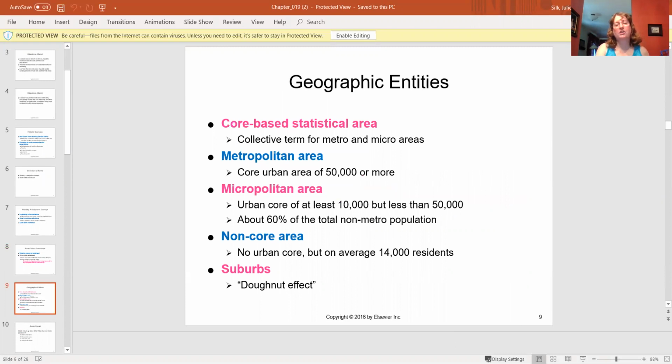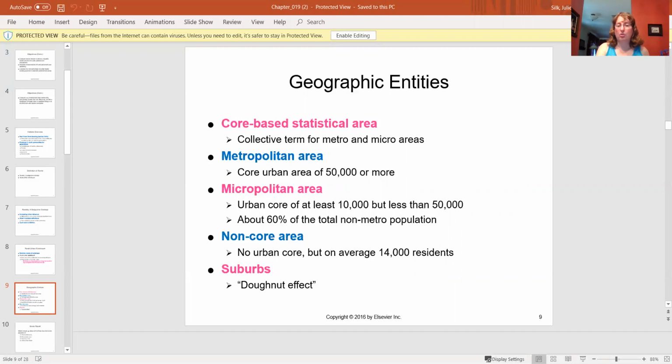All right, so geographic entities. Core-based statistical area is a collective term for metro and micro areas. A metropolitan area is usually a core urban area of 50,000 or more.